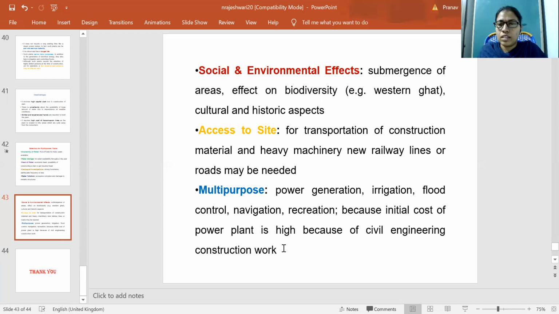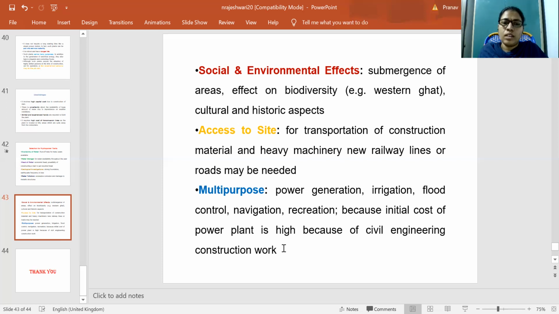Dams are constructed by civil engineering people. Reservoirs, dams, all these things are constructed at a high cost. So the initial cost is more for hydroelectric power stations. For the generation, if it is helpful for multi-purpose use, then it is useful and efficient.